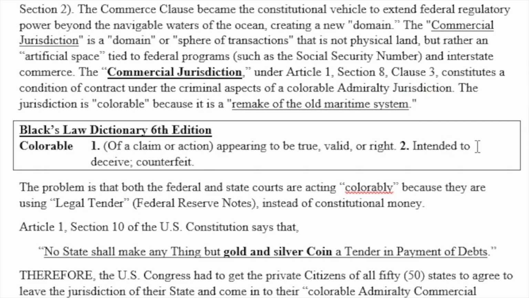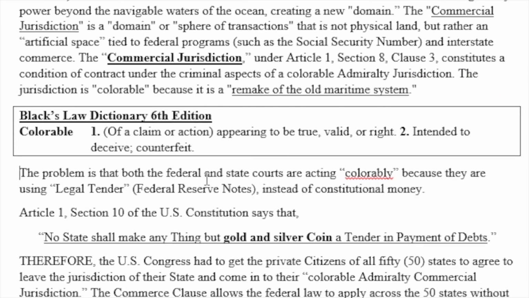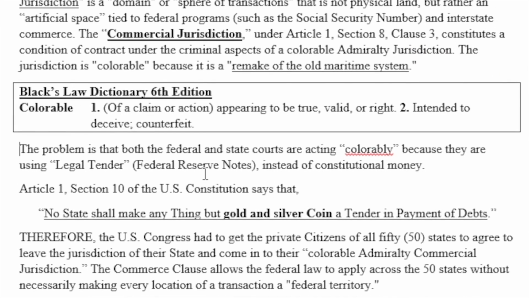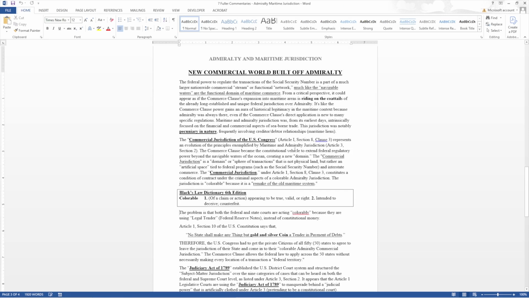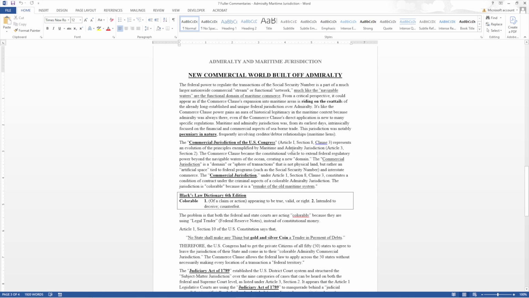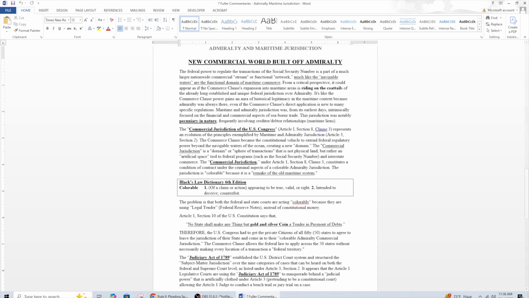And the second definition is intended to deceive or counterfeit. So colorable means that it's appearing to be true. And we have the federal and state courts that are acting colorably, and we've got to figure out why. And so we're starting to get to it.